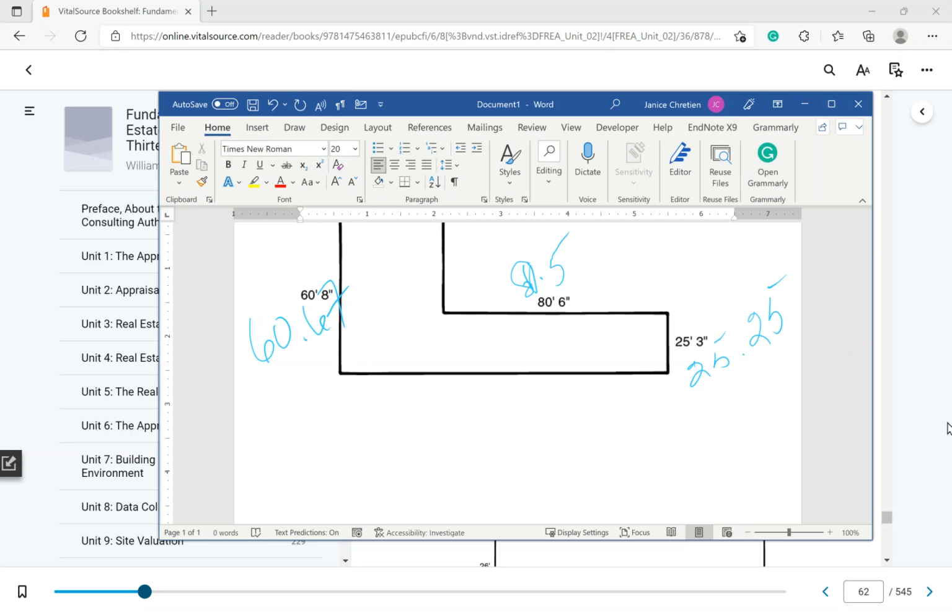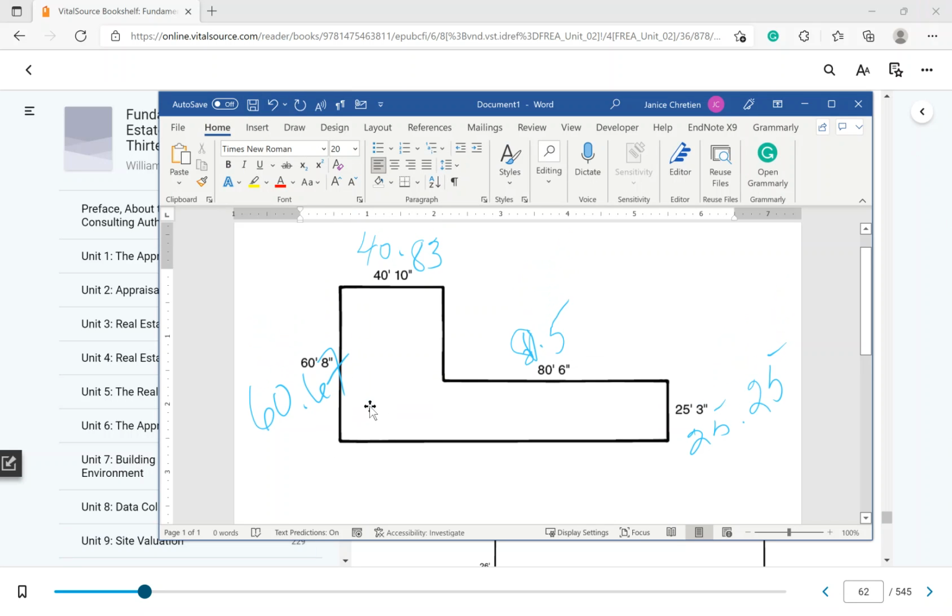So what we're going to say is to find the area, we have an A and a B. So for A, 40.83 times 60.67.